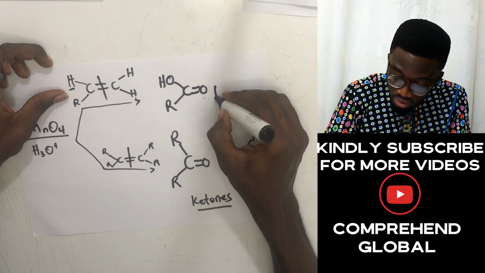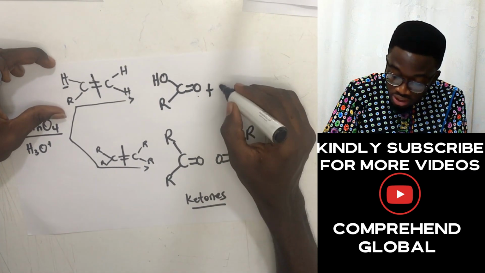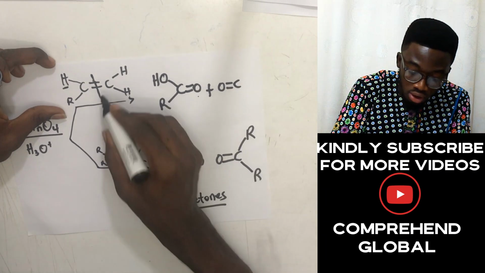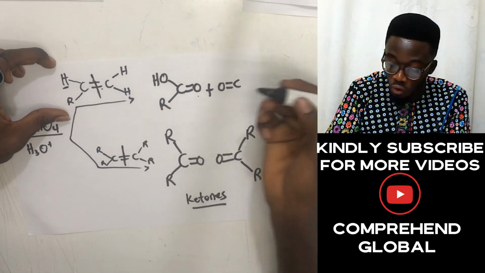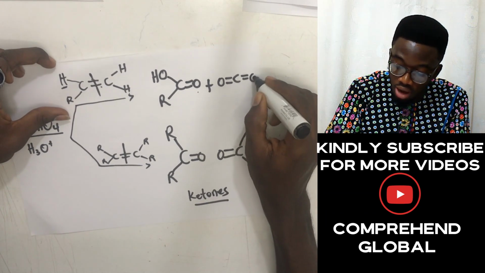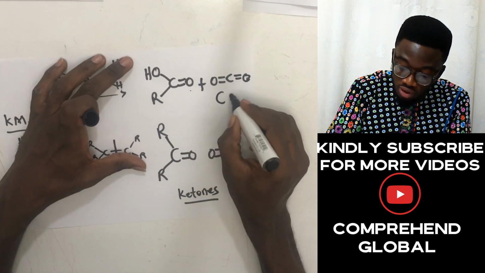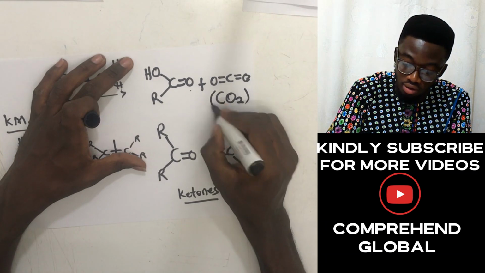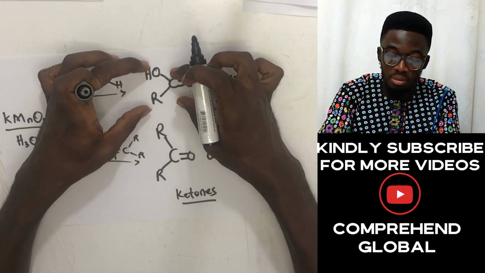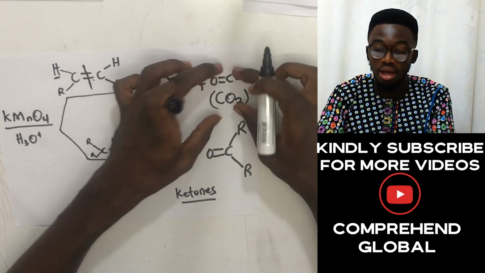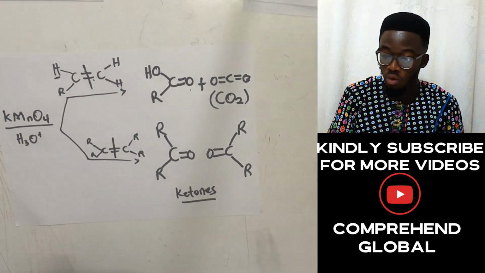Plus it also fixes the O on the other carbon over here, but since it's terminal, it forms carbon dioxide. So we can see a carboxylic acid being formed and then carbon dioxide also being formed.